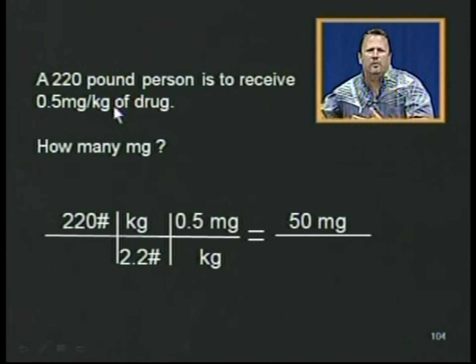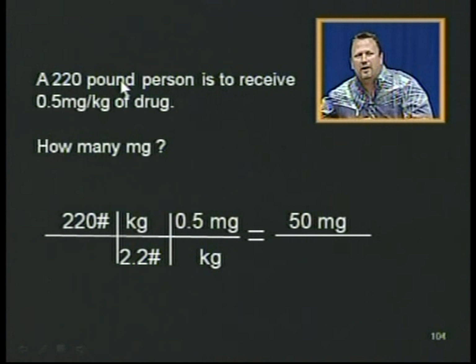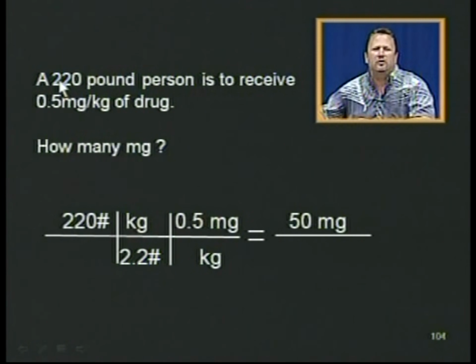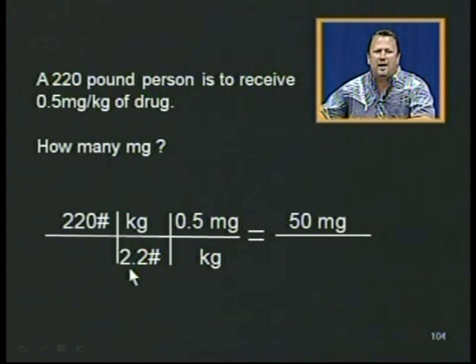Well, notice we weren't given the kilograms of the patient first. Now, some people will say, oh, well, the first thing you do is convert the pounds of the patient into kilograms. Well, that's what we've done right here. We've taken 220 pounds and divided by the 2.2 pounds. And so by putting the kilogram on top and the 2.2 pounds on the bottom right there, look what we've done.